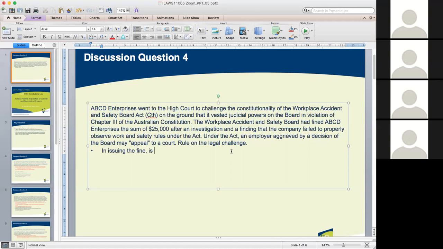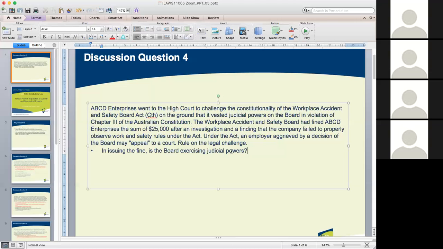Is the board, that specific board, exercising judicial powers? Okay, very good. That's good because you're connecting the question of the issuance of the fine with a question of judicial powers. But at a broader level, because you're only looking at the dimension about the fine, that's correct. That's part of the legal issue.